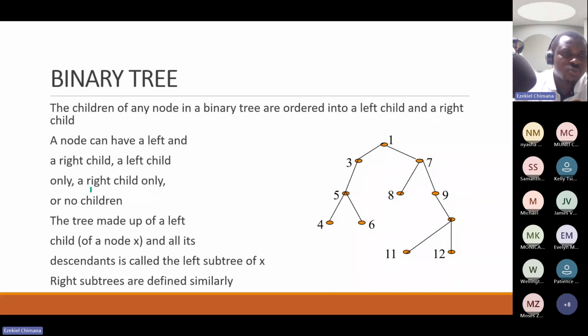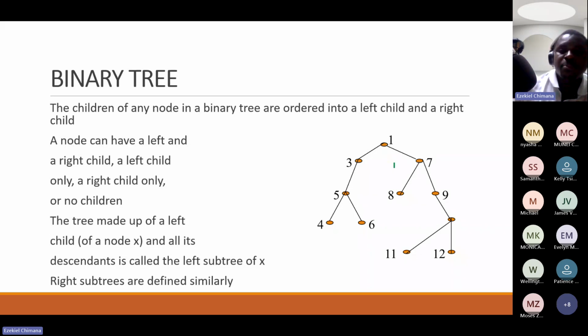Then you can go on to binary trees. You can read about binary trees, those trees where a node can have at least one child, but not more than 2, right?